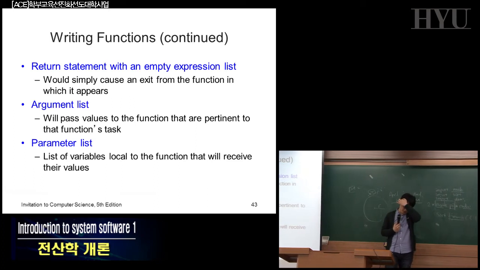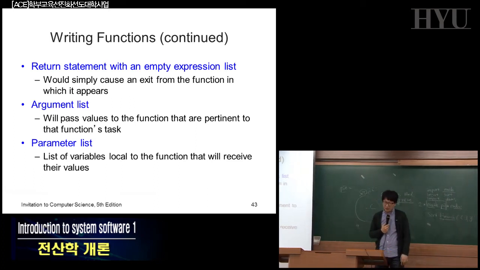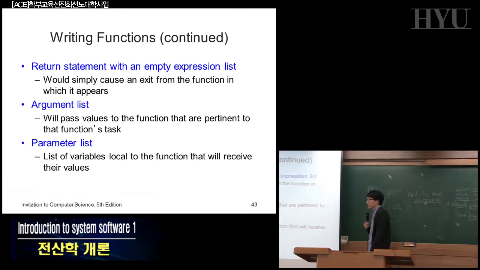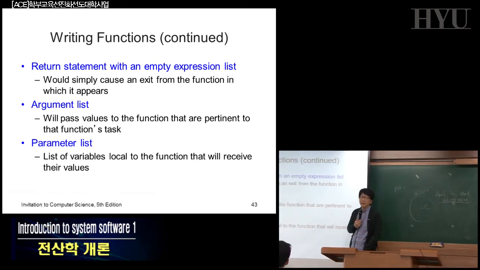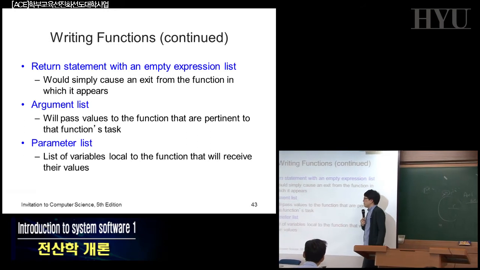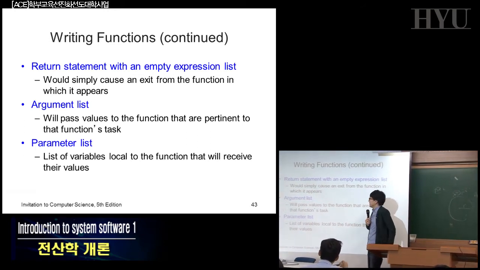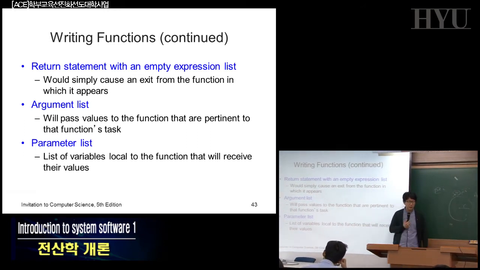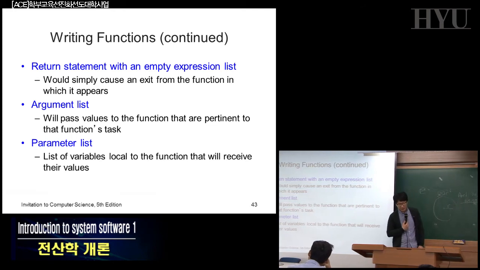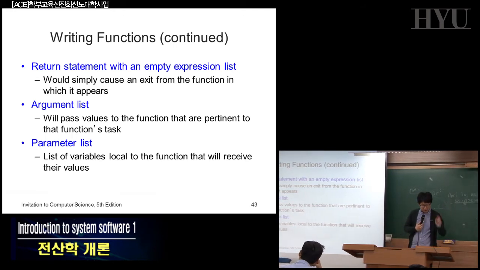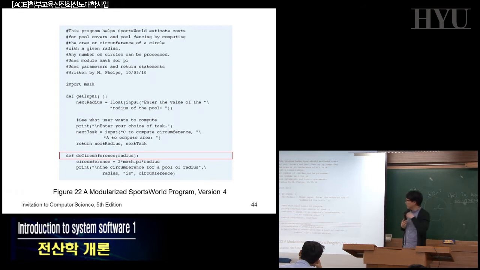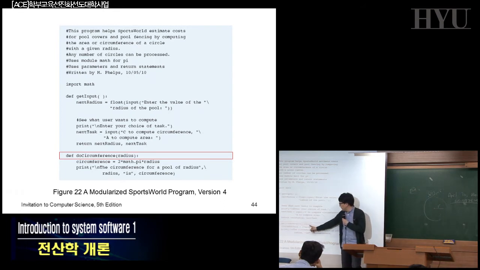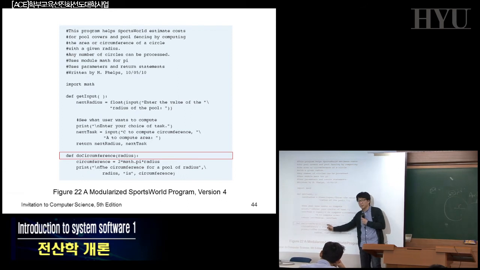Okay, so a few characteristics of functions: they must return something. If they have a parameter argument list, you have to pass the arguments. These are the examples. In the previous example, they didn't have anything between the brackets.